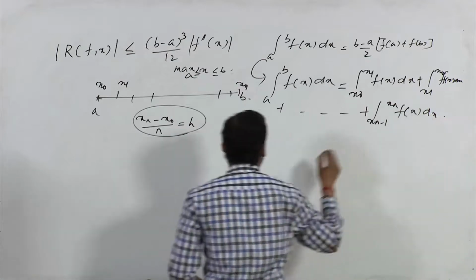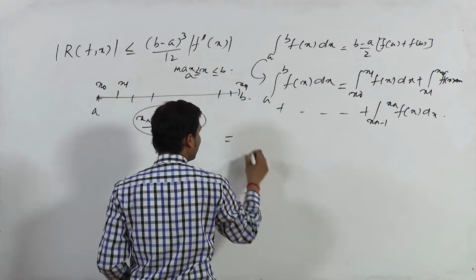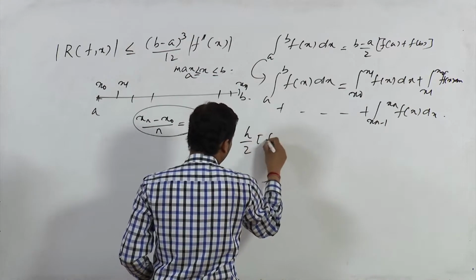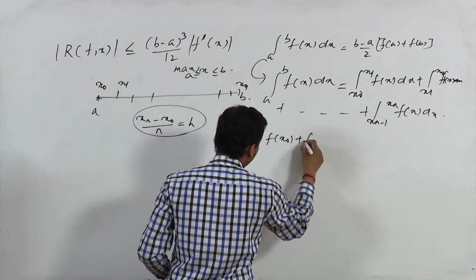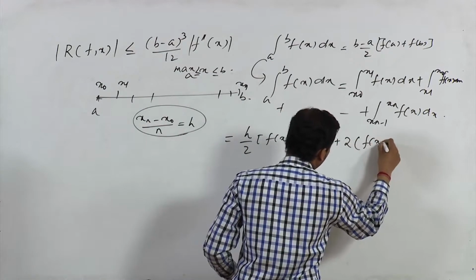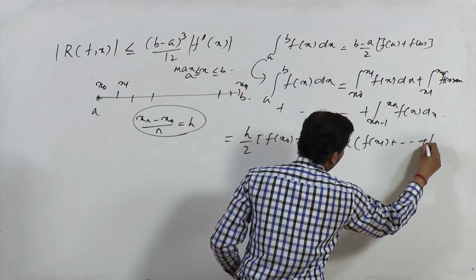And then this formula can be written as h by 2 times f of x0 plus f of xn plus 2 into f of x1 to f of xn minus 1.